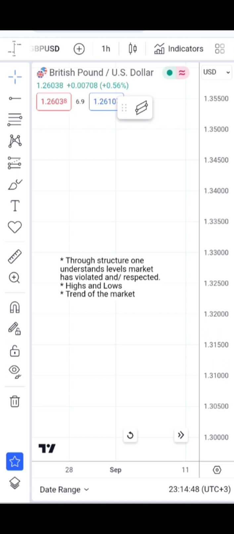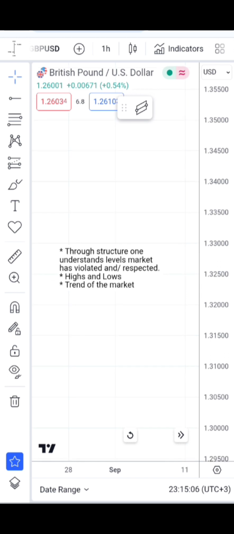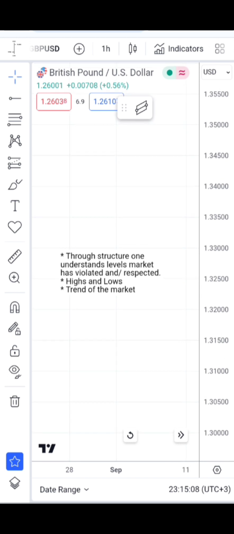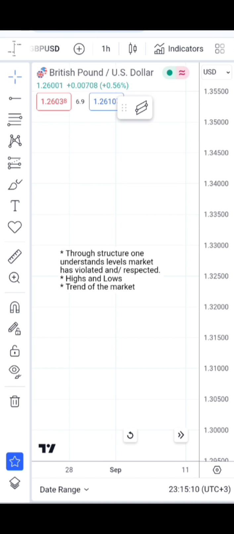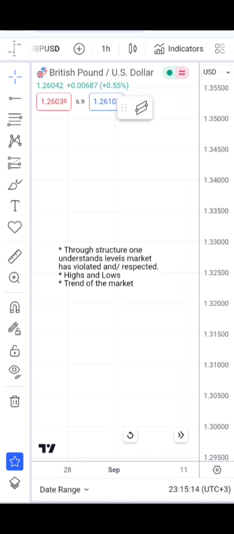With the help of market structure, traders are able to understand levels on the market that have been violated or have been respected. Market structure also helps us highlight the highs and lows existing on the market. And finally, market structure is useful in determining the trend of the market.